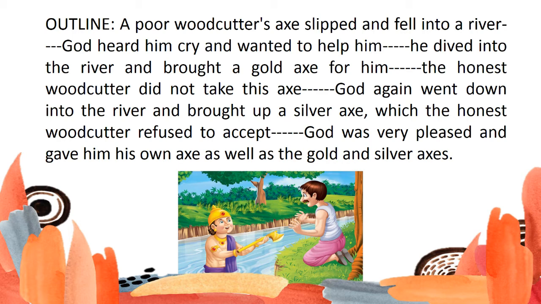God again went down into the river and brought up a silver axe, which the honest woodcutter refused to accept. God was very pleased and gave him his own axe as well as the gold and the silver axes. So children, we need to develop a full story using the points that are given here.